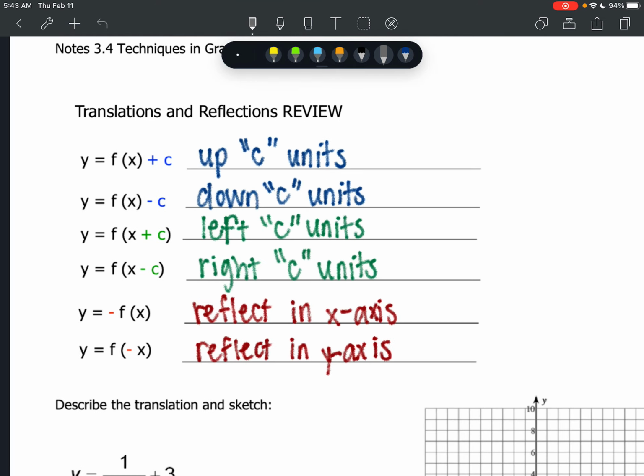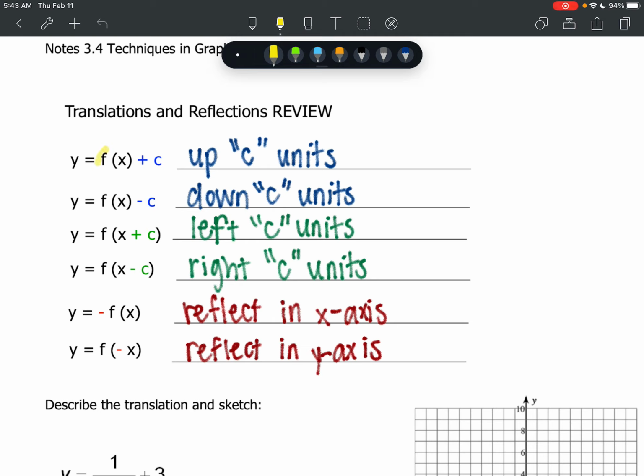First of all, we've got a function, f of x. If we take that function and we add a value on the outside, that's going to shift that parent function up c units. If we subtract c from our parent function, it's going to shift that parent function down c units.